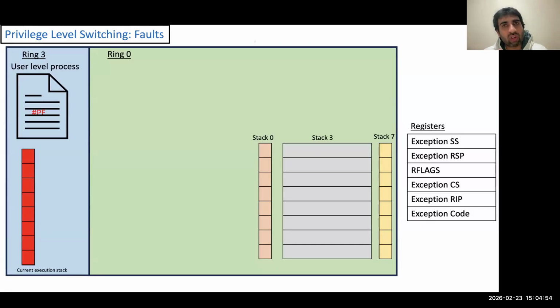So let's say you have a user level process running and a page fault happens. A page fault happens when a process generates a virtual address, and when the page table is looked up to translate that virtual address into the physical address, there is no entry in the page table for translating that virtual page, right?